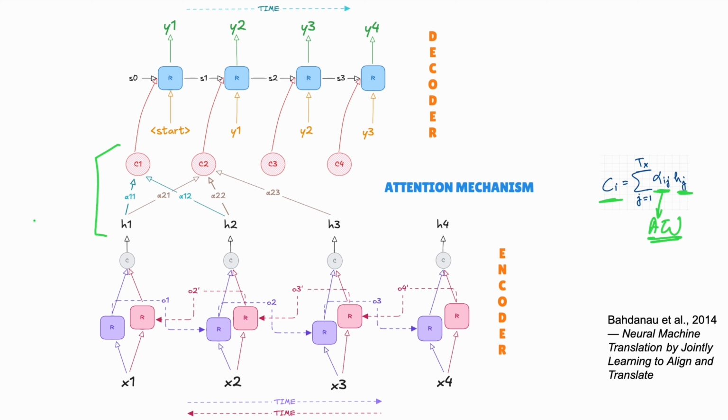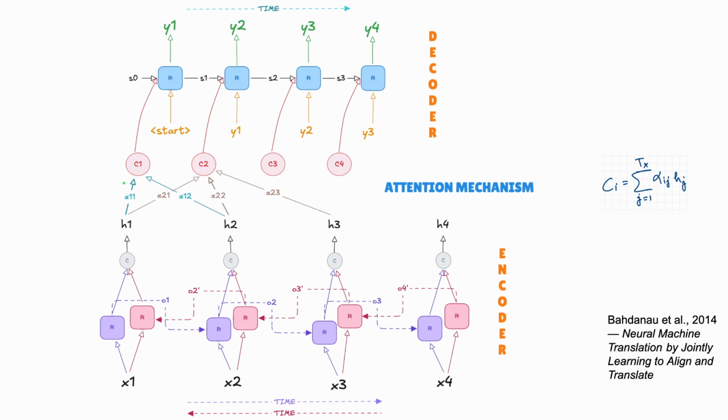So the formula for C1 will be alpha 11 h1 plus alpha 12 h2, and the other terms will be 0. Here h1 and h2 are outputs from the encoder, and alpha 11 and alpha 12 are the attention weights, basically a way to give importance to the hidden states.